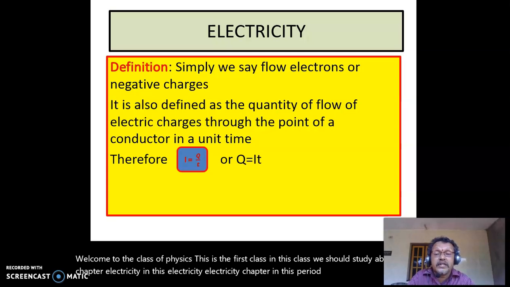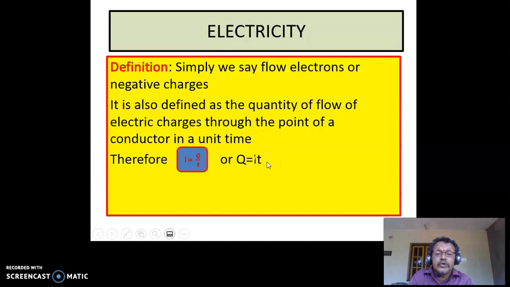What is current? In 1 second, the number of coulombs of charge passing is called current. Okay. So therefore Q equals I T. So current is defined as the quantity of flow of electric charges through a point of a conductor in a unit time.